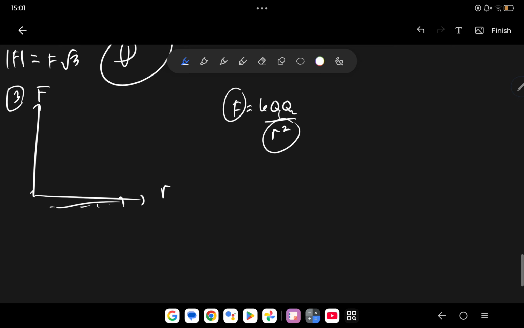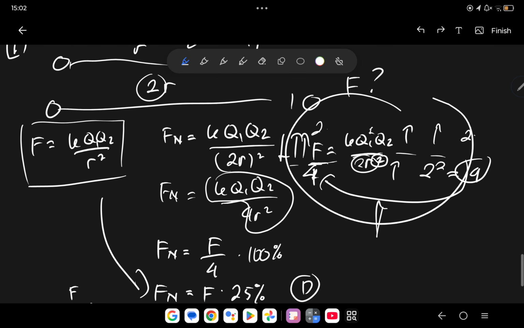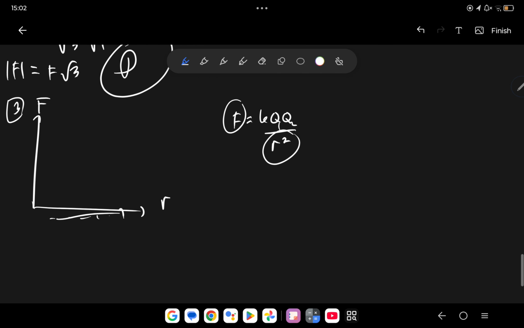So every graph that looks like this, or this, or this, or this will be wrong, because this would mean if r gets bigger, F will get bigger also. But that's just wrong, because F is on the top, r is on the bottom.